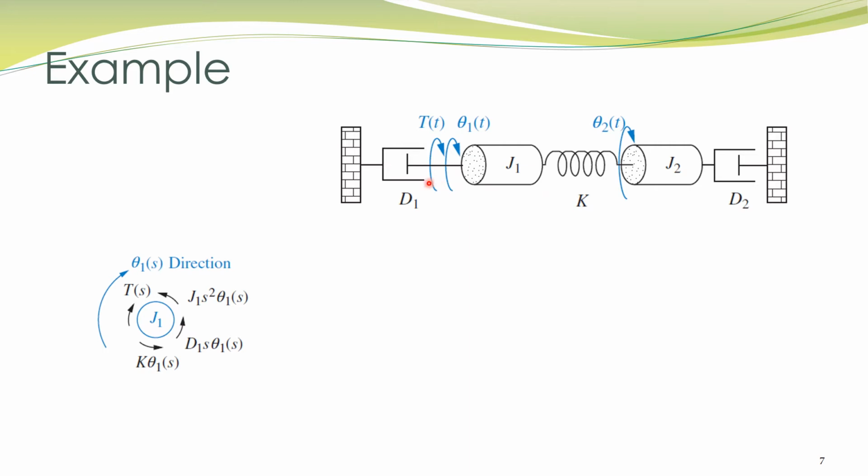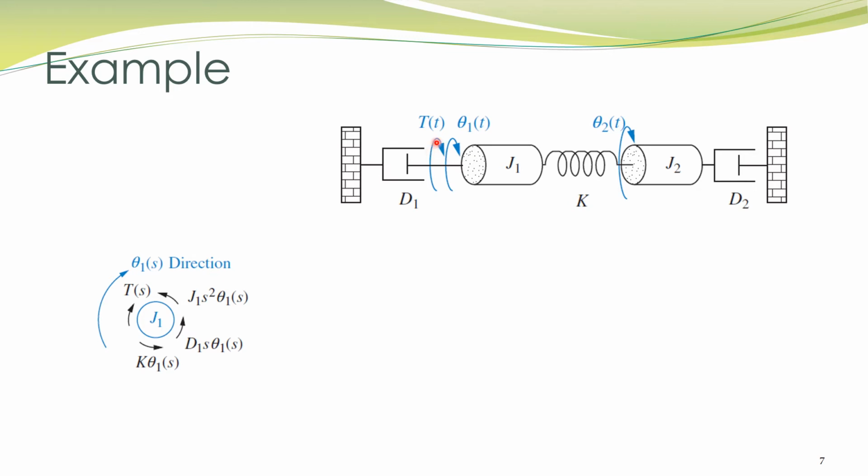So here this theta 1 is this angular displacement, and T of s, now we are writing everything in Laplace domain, T of s is the externally applied torque which is in clockwise direction.